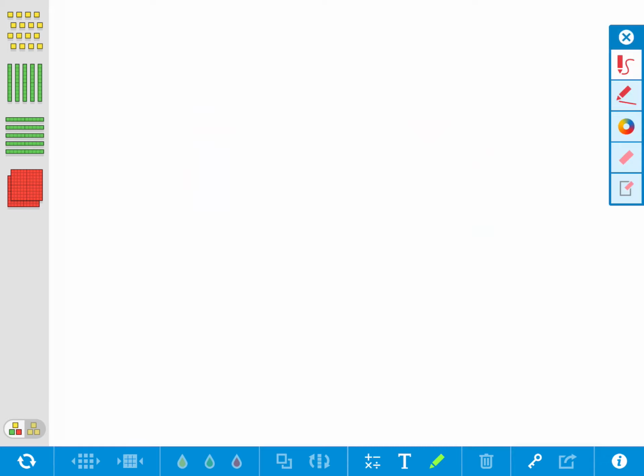Let's do a new number problem, and we'll do 37 plus 26. First, I'm going to use my place value blocks to make these two numbers.